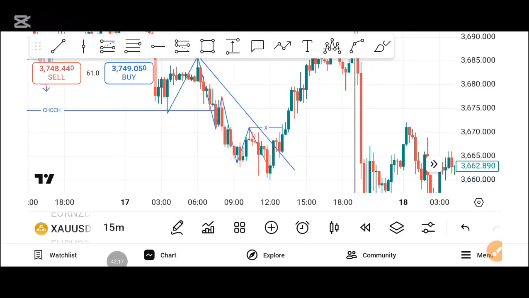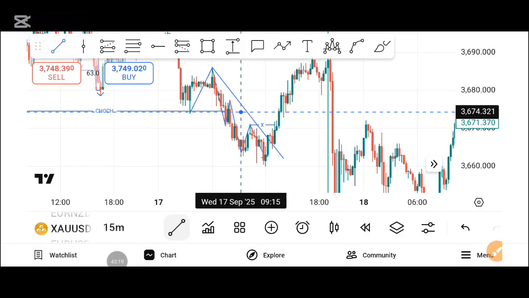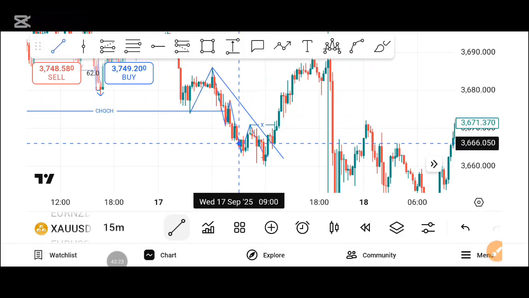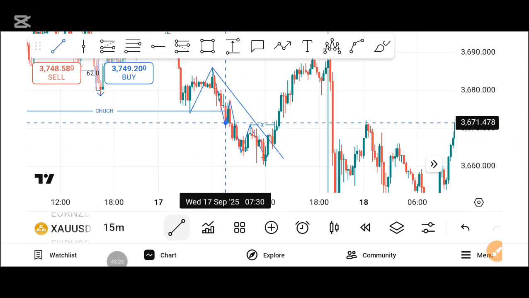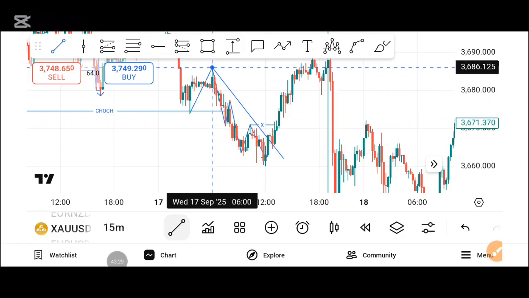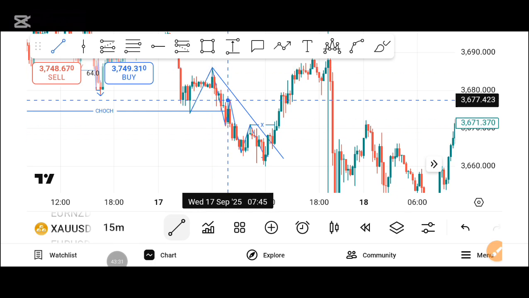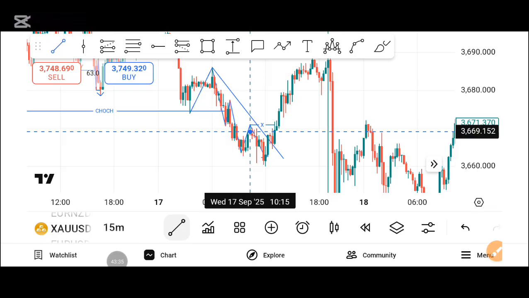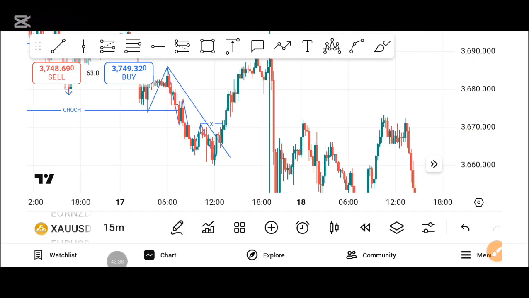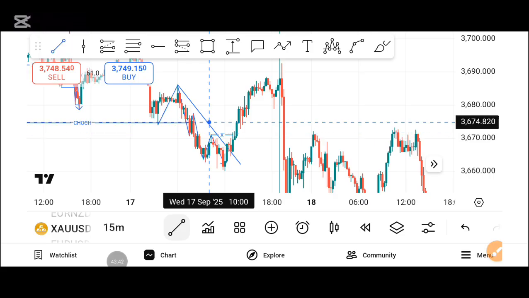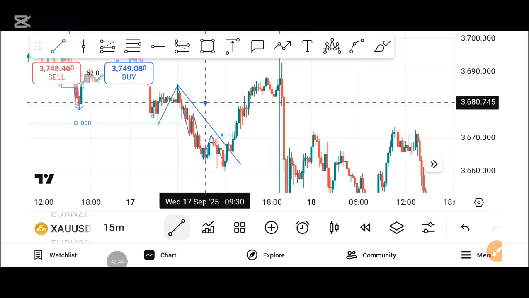So this is now our inducement. Our inducement is no longer here. I said that inducement in a downward trend is the recent high. So this is our lower high, lower low, lower high, lower low, lower high. This is the recent high, so this is where our inducement belongs. Our price came back here, took out this inducement, took out this one also.